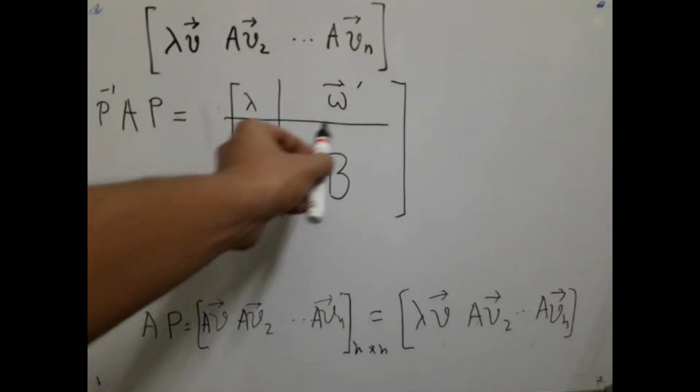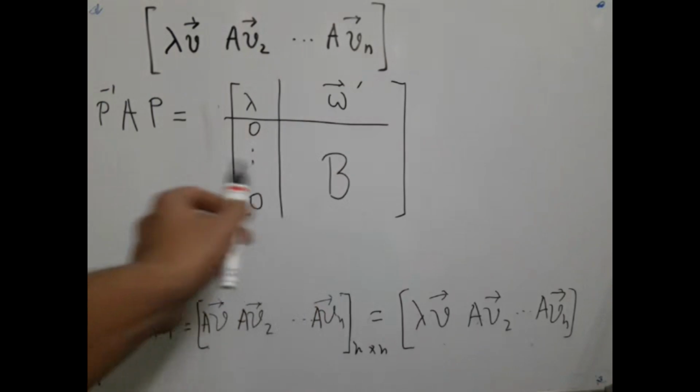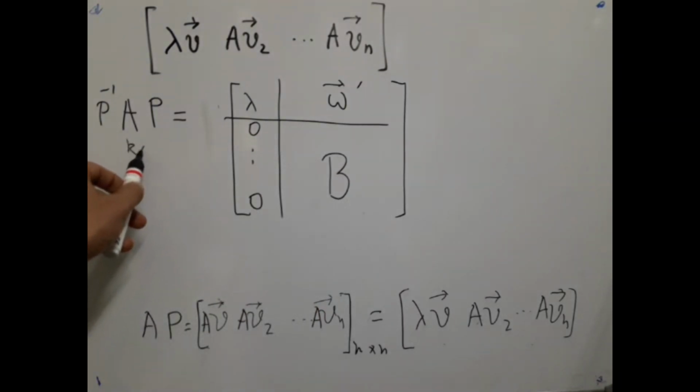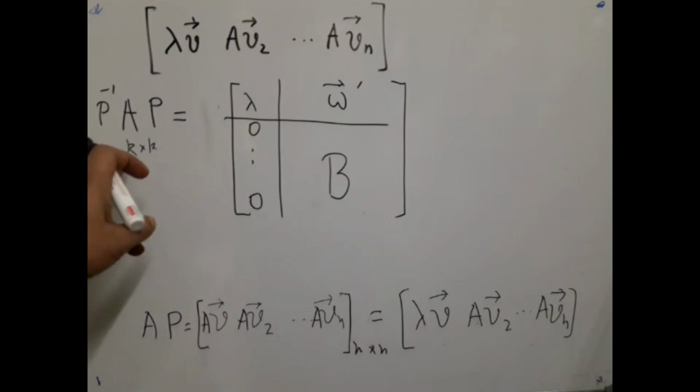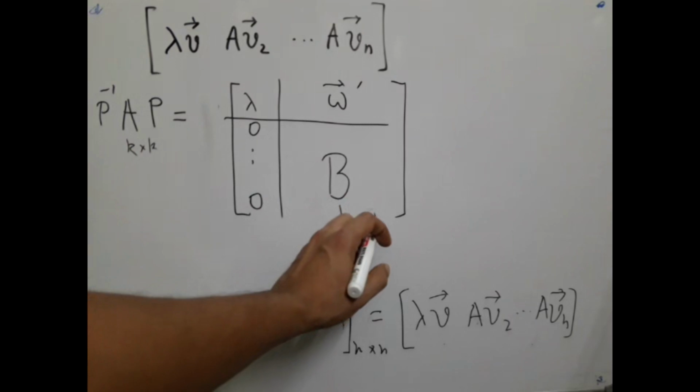So it is lambda, then W, B. Now here I am going to use my induction hypothesis, because B is of size one less. So I assume that A is now k by k, and this one is k minus 1 by k minus 1.